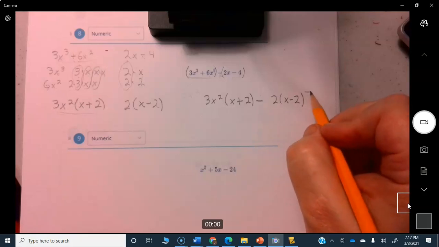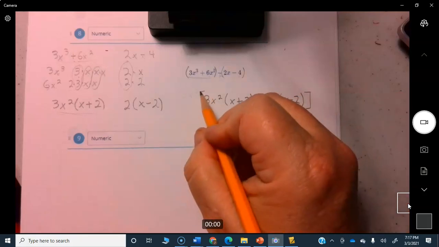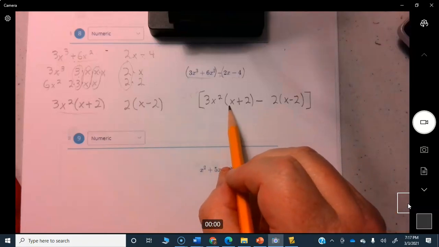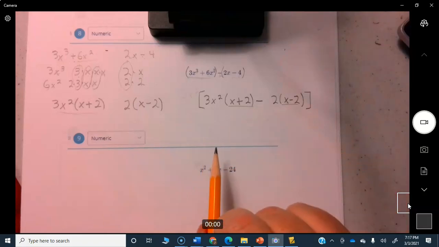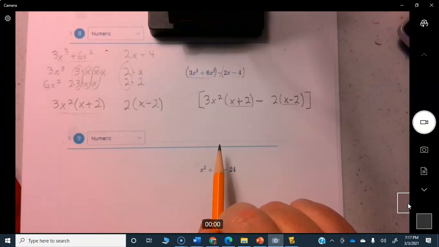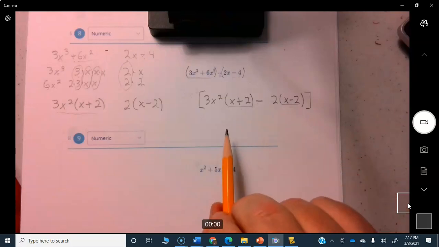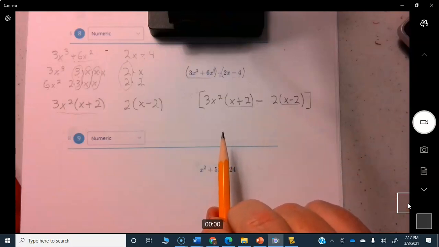Okay, and I'm going to put my big square brackets like that. Okay, now I have a little problem. Remember we said on this one, now what we're supposed to do next is factor out this and this. But these two are not the same. One is x plus 2, one is x minus 2.